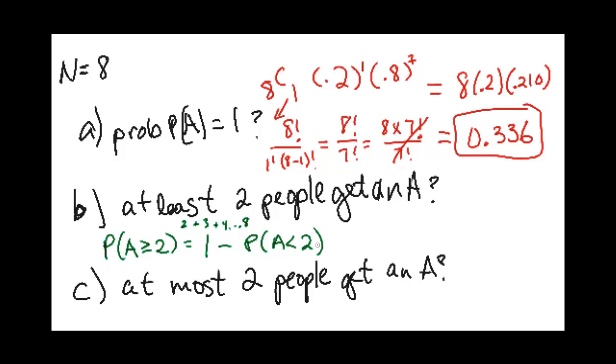Alright? So if that's less than 2, because these are discrete distributions, again, discrete means there's a probability for 1, there's a probability for 2, but nothing in between 2 and 1. So less than 2 is the same thing as saying 1 minus the probability of A is less than or equal to 1.